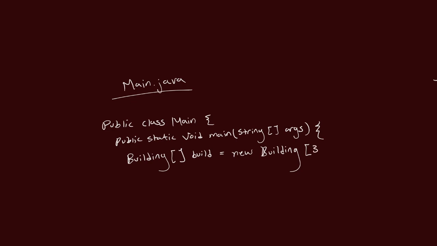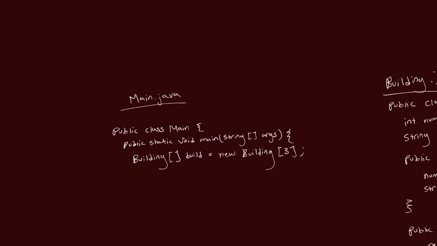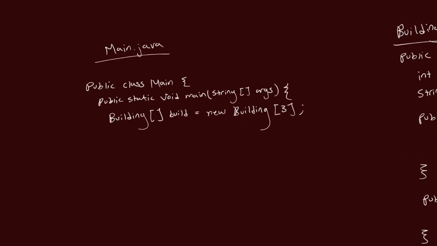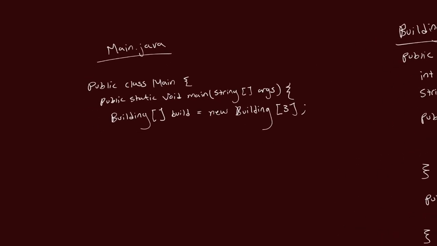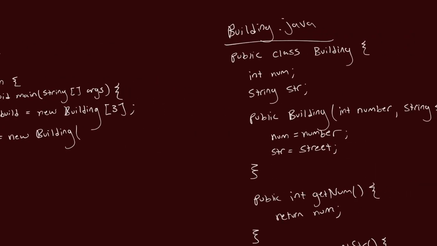So I'm gonna have this size be 3. Now to store 3 contents into this array, I'll do build[0]. Remember the array starts at 0, and this will be equal to new Building, and then you pass in values for the constructor.